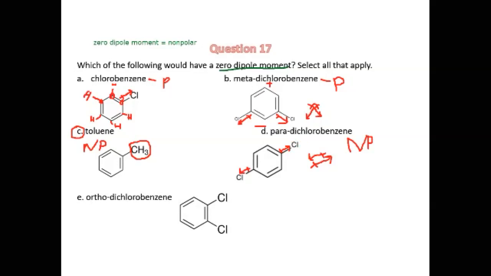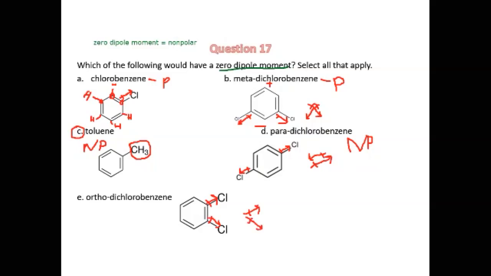Lastly, we have ortho-dichlorobenzene. Again, we have this carbon-chlorine bond, so the dipoles point towards the chlorines. Now here again, they don't cancel out. One points that direction, and one points this direction.